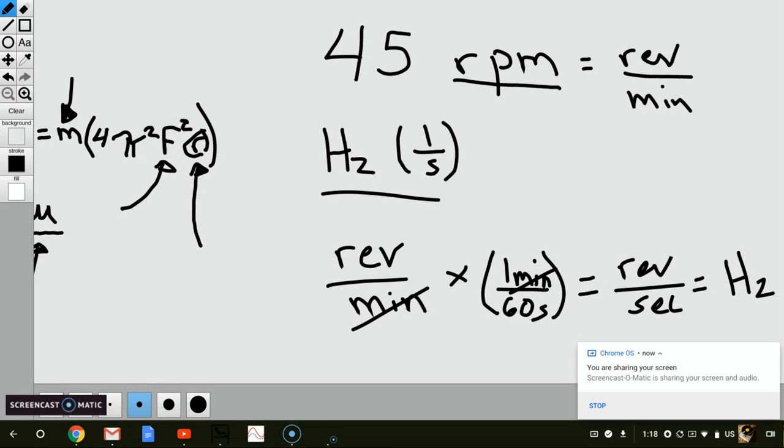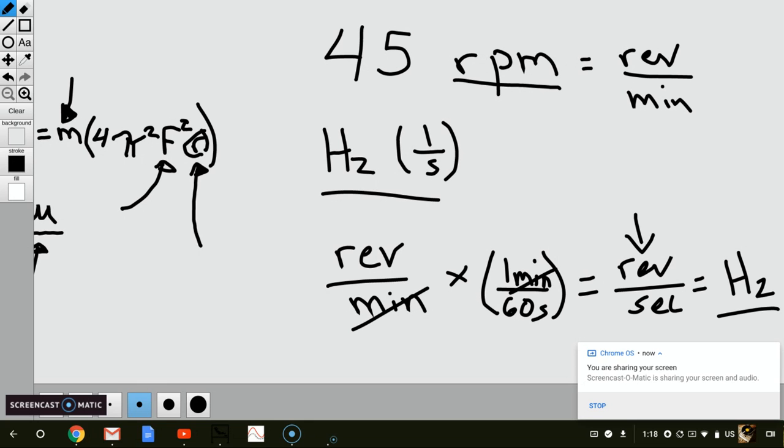Remember, hertz is number of events per second, and in this case, our event is our revolutions. So this is exactly what we want.